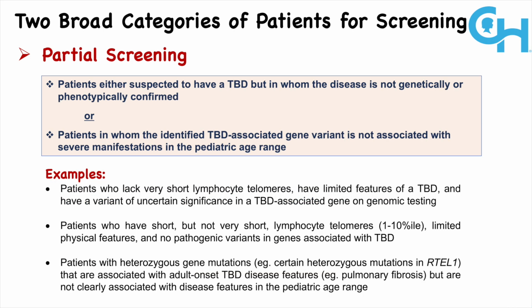We delineated a second category of patients who we thought should have at least partial screening done. And these are patients who are suspected to have a TBD, but in whom we haven't been able to identify either a gene mutation or perhaps don't have all of the physical features of a classic telomere biology disease, or patients who have a TBD-associated gene variant, but that variant is not associated with severe manifestations in the pediatric age range.